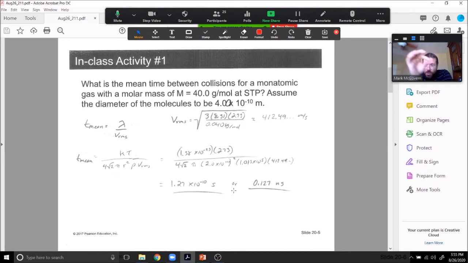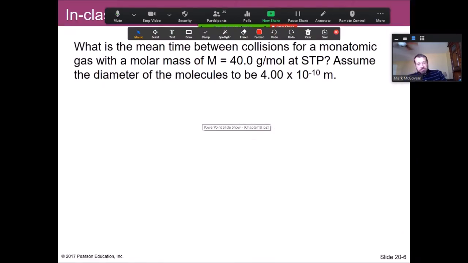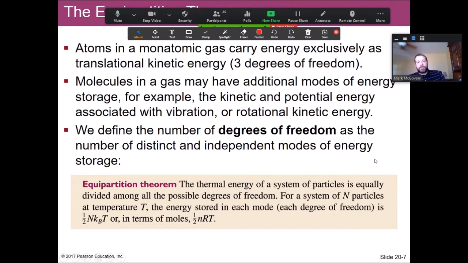So a particle only moves about a tenth of a nanosecond before it hits another particle, and then it moves, and then another tenth of a nanosecond. So the air around you is busy. Very busy. All right, if you attempted that and you got it right, thumbs up. Good job. Let's move on.